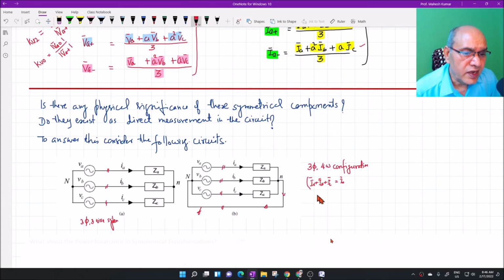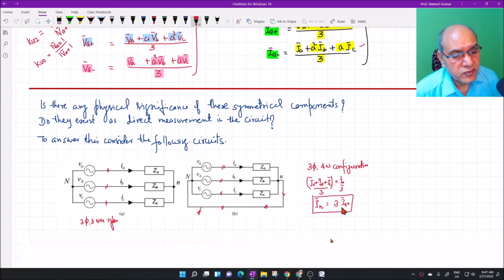And what is IA plus IB plus IC? It is called zero sequence current times 3. So the neutral current is 3 times IA0. This is the relationship between the neutral current and zero sequence current.